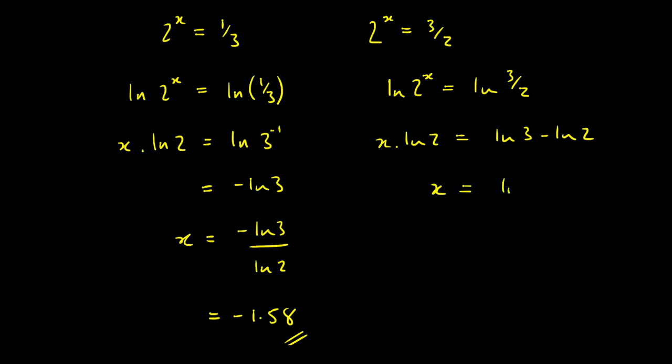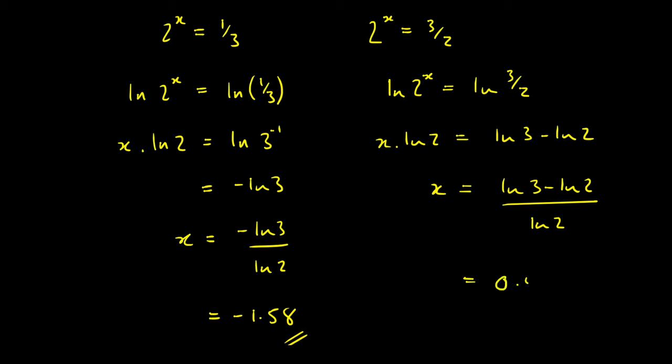So I get x is equal to ln 3 minus ln 2 all over ln 2. And now I just got to stick this into a calculator as well. So let me do that. I'll just do ln 1.5, actually, to be honest, probably easier. Divided by ln 2. And if I do that, I get 0.58.